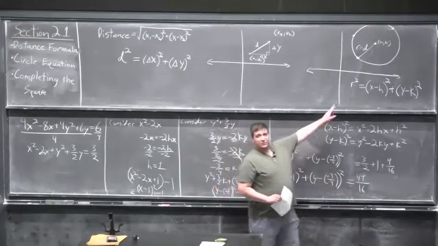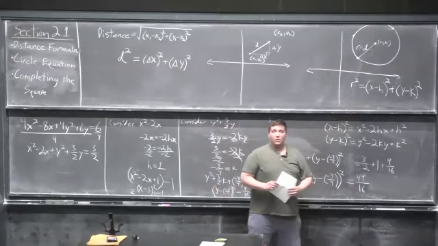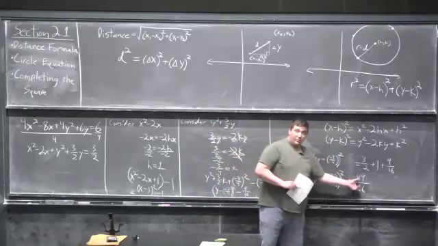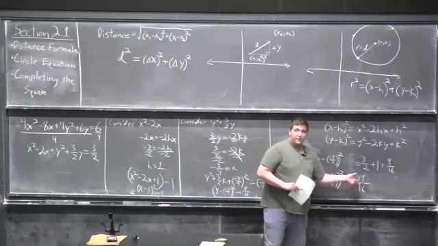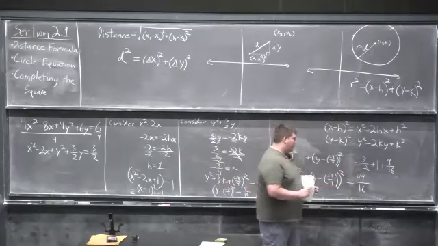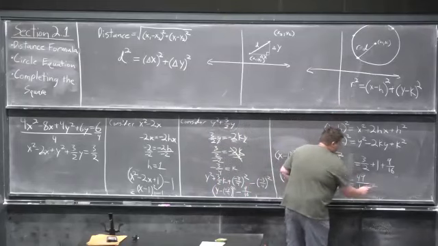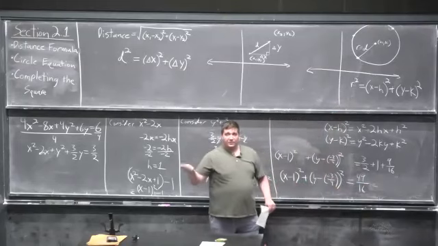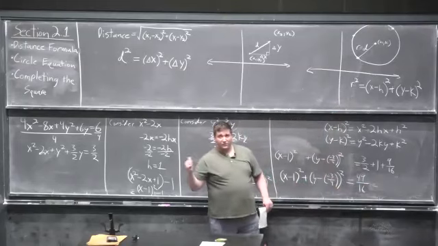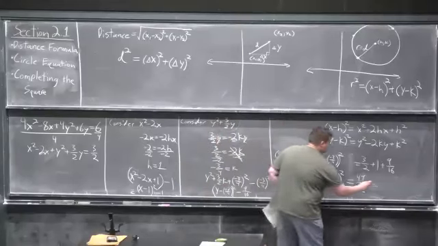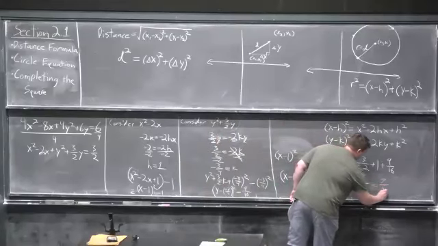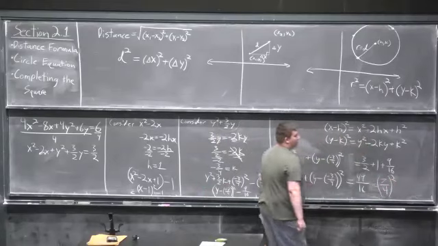What is that? That's equal to r squared, meaning we have to put this number on the right-hand side in terms of a square. Well, 49 is 7 squared, 16 is 4 squared, so I can rewrite this as 7/4, and that quantity squared.